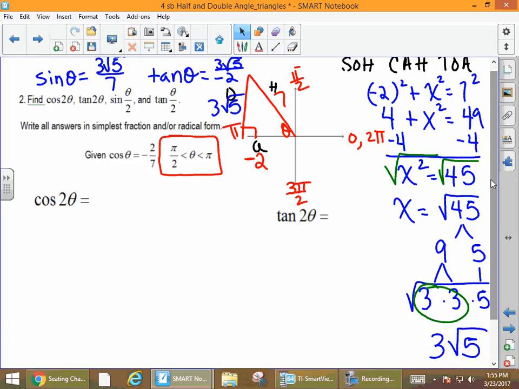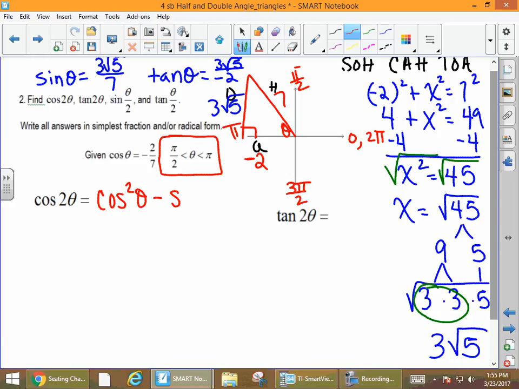But if you flip your paper back over and you look at the cosine of 2 theta identity, it tells us that we're going to work with cosine squared of theta minus sine squared theta. So we need to identify what the different function values are in this triangle so we can fill it back in. The nice part is we were given cosine.